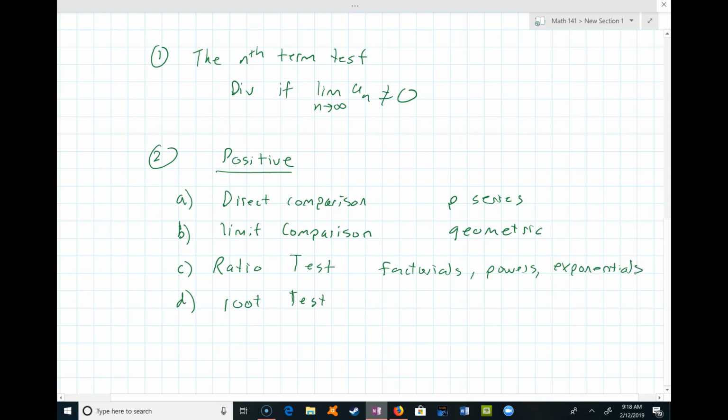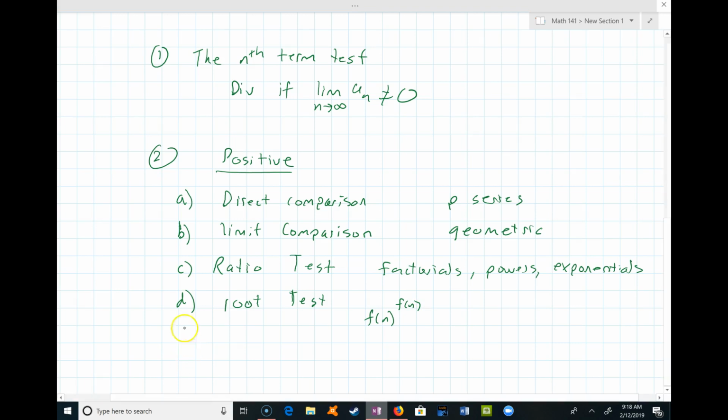If it's just an exponential, then we're of course going to use geometric. If it's just a power, we could use p-series. But if it's a power and exponential mixed together, or definitely if it has factorials in it, then it's most likely going to require the ratio test. And the root test is generally when we're looking for something of this form, something raised to a power involving n. Okay?